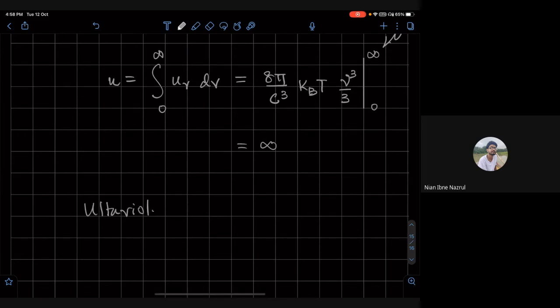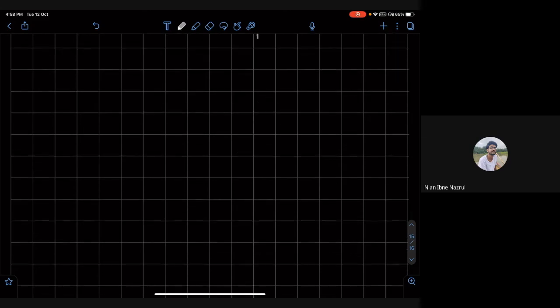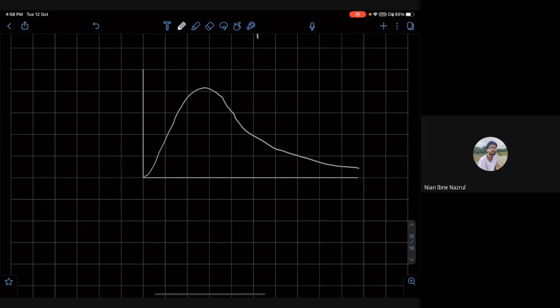So therefore we see that this is the ultraviolet catastrophe. And if I now draw the experimental curve, which was something like this, and this was lambda, and this was u of lambda.